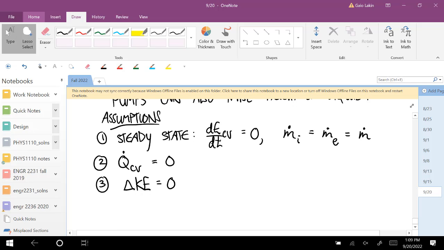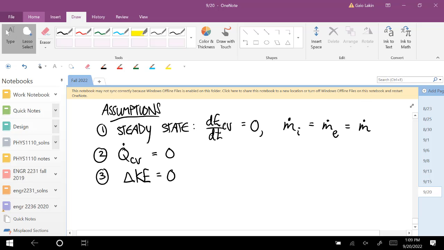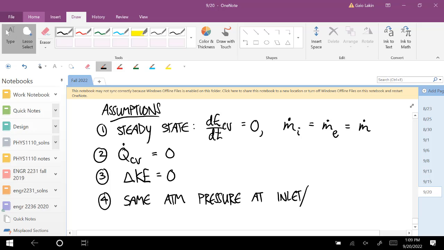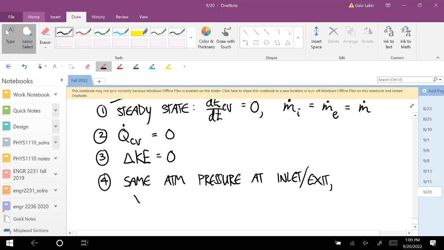And we will assume in this case that your atmospheric pressure at the inlet and the exit is the same, and so there's no change in enthalpy. So the change in enthalpy is 0.